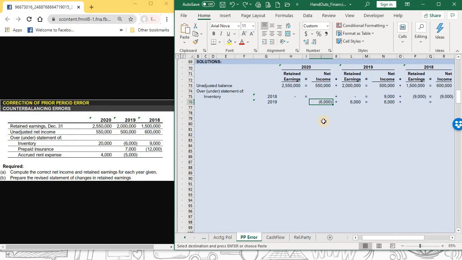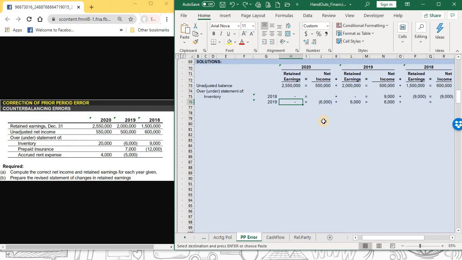And another question will be, will the 6,000 pesos affect the retained earnings at the end of 2020? Again, the answer is no, because this is a counterbalancing error. And again, when we say counterbalancing error, the misstatements of net income for 2 or more years have already corrected the retained earnings.